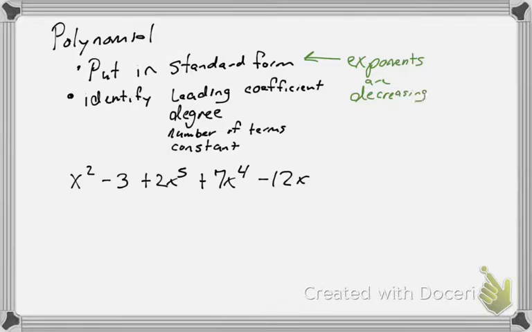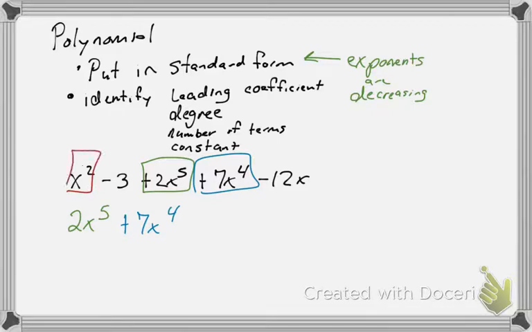So my first term here, I can see the largest exponent would be this positive 2x to the 5th, followed by the next term. After 5, I'll be looking for the next largest being x to the 4th, so plus 7x to the 4th. The next largest after that, I don't see any third powers, but I do see an x squared.